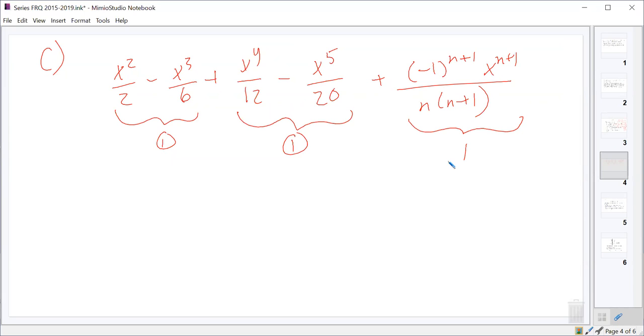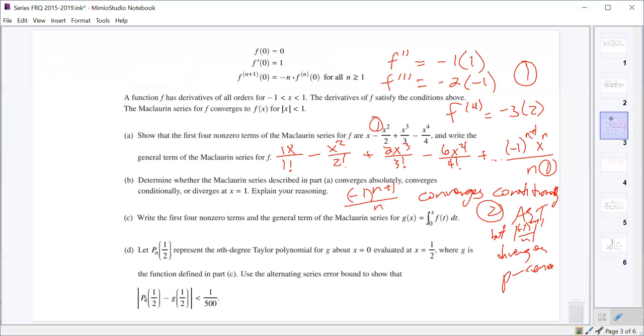Right. And if you wanted to be a little bit more explicit about this, we're integrating this from 0 to x. If we did this as an indefinite integral, which is sort of how we did it here, we'd have a plus c, and that plus c would end up being 0 because we'd evaluate at x, which would give us this, and then we'd evaluate it at 0. So you should have written it this way, probably.